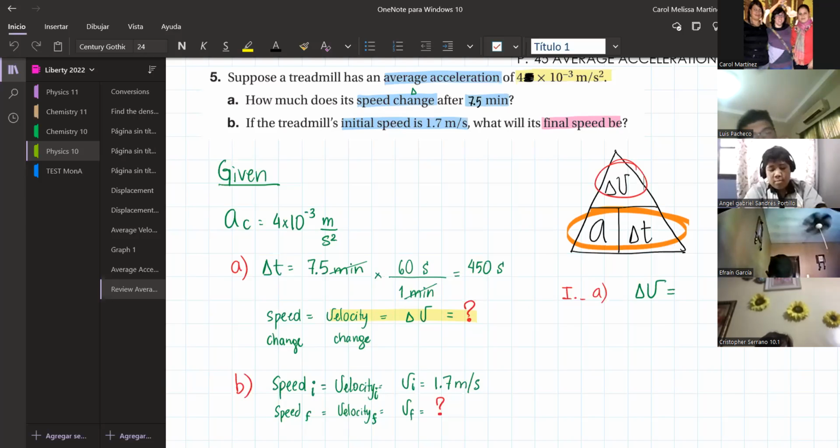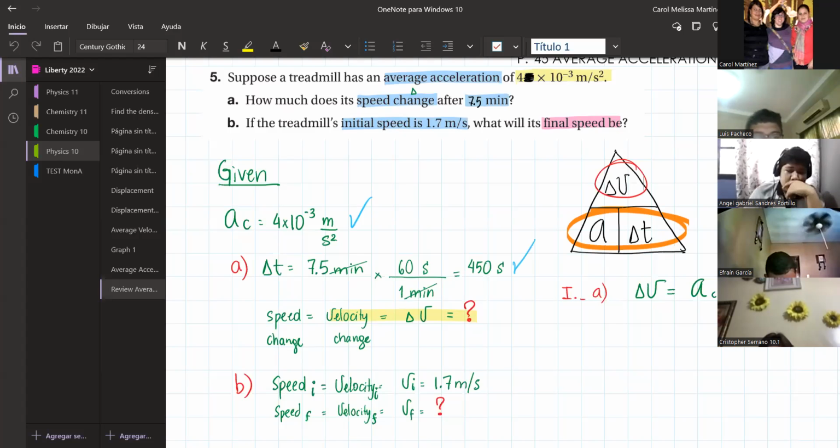And in the bottom part, you have acceleration and time. Because they are next to each other, they are multiplying. What do you need to do after? See if you have everything you need. We have acceleration. Yes. We have the time. Yes.